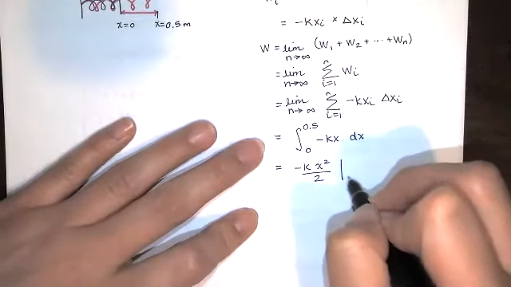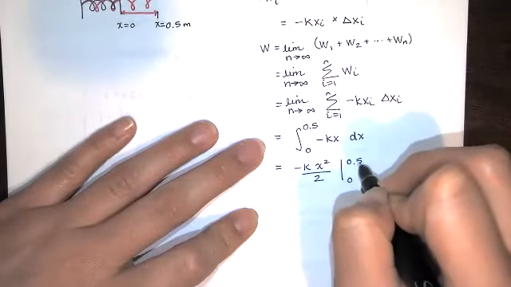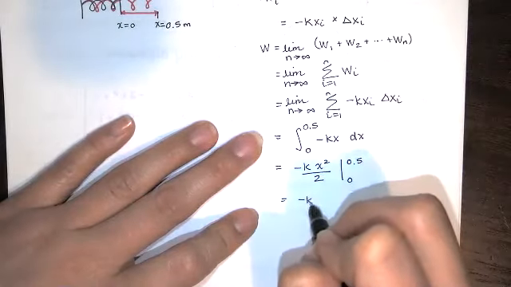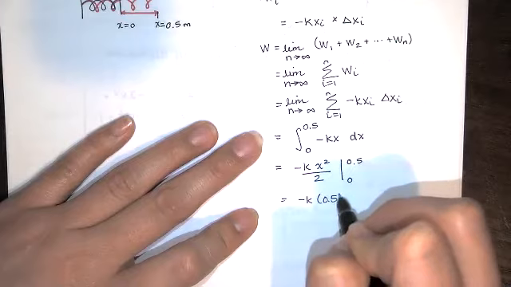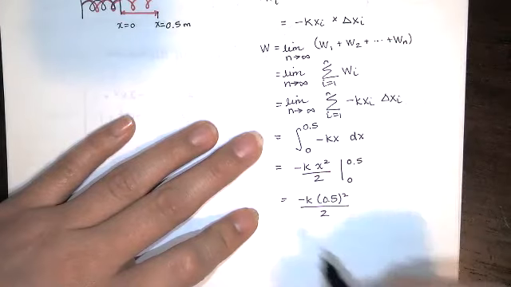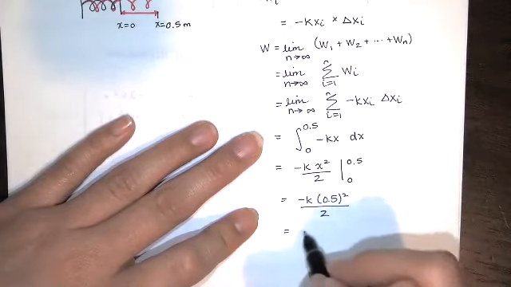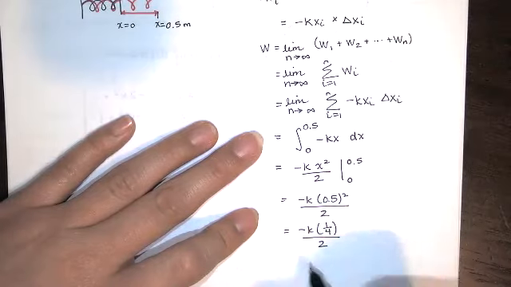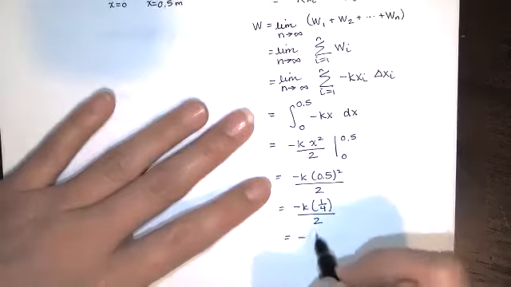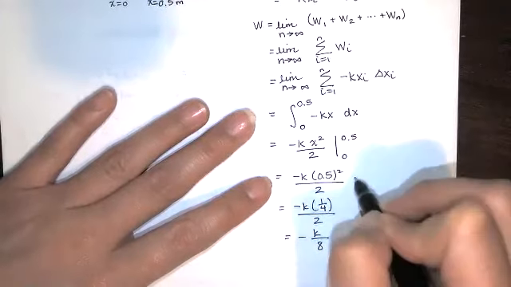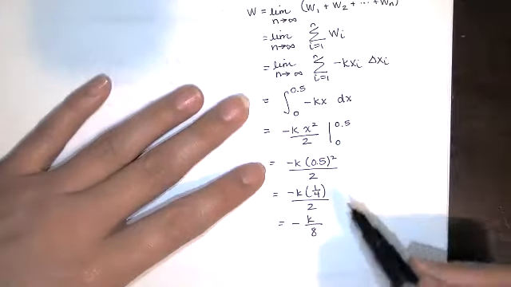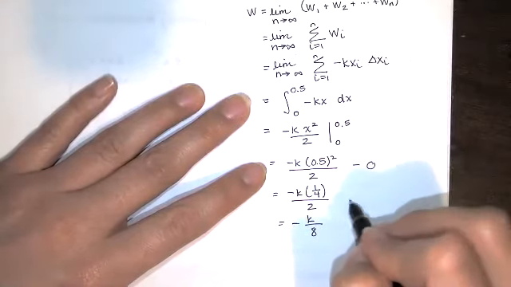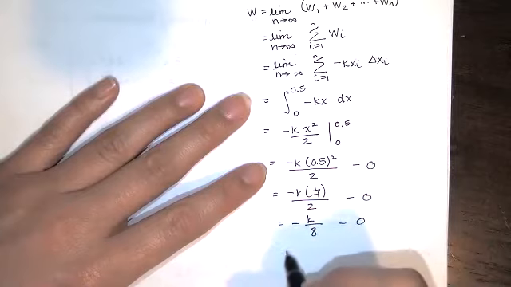Then you evaluate this at 0 and 0.5 and subtract. So we have negative k times 0.5 squared over 2. That's 1/2 squared, or 1/4, over 2. So we get negative k over 8. At x equals 0, we just get 0.